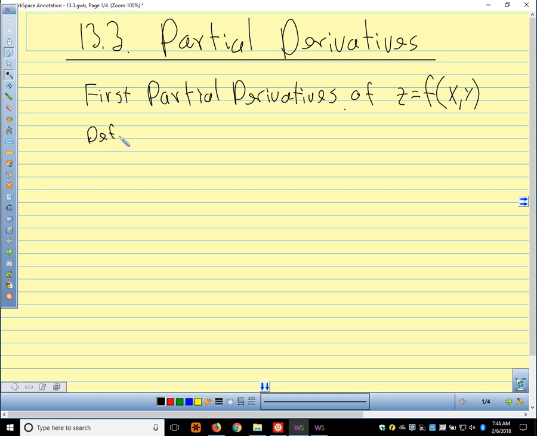So our definition. Our first derivative, and often we just leave off the derivative. We just call it the first partial. The first partial with respect to x.